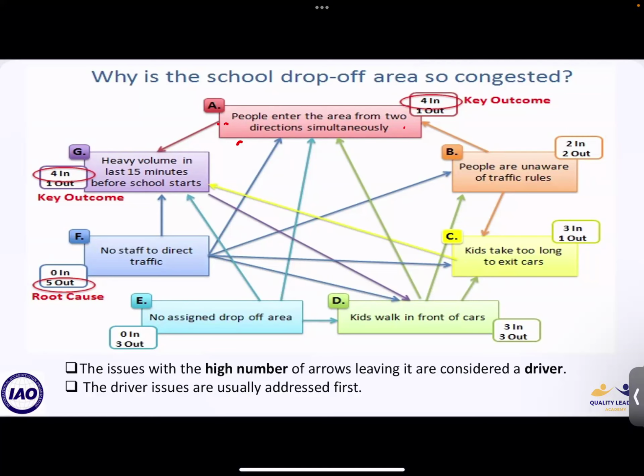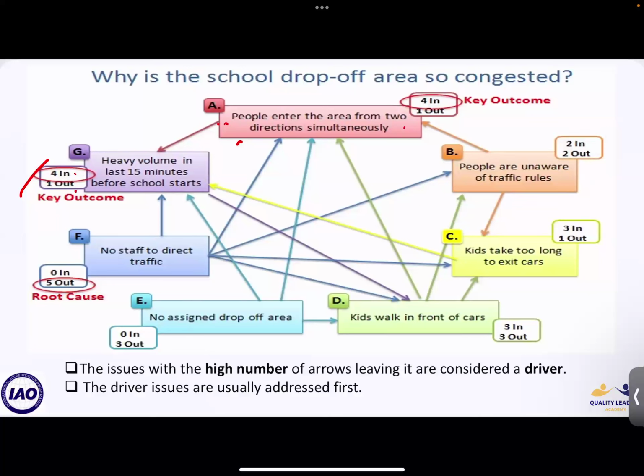If a problem has four in and one out, heavy volume in the last 15 minutes before school starts, it means this problem was caused by four other problems, but has only led to one problem.